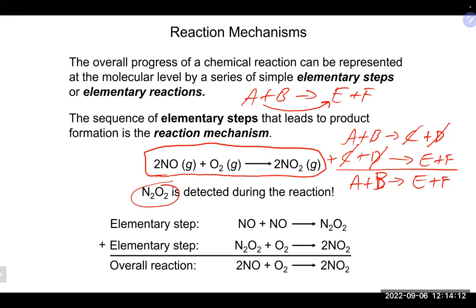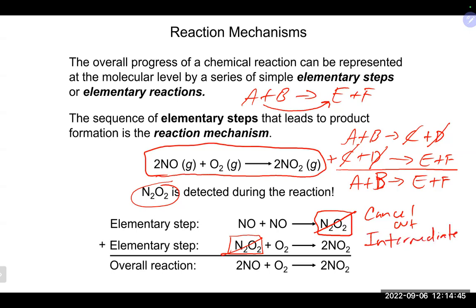So a plausible mechanism for this reaction to take place is what we see on the bottom there. Perhaps in the first step of the mechanism, we actually make an N2O2. Then in the second step of the mechanism, it is then used to make the product. When we would add these together, once again, this guy and this guy would cancel out. This is what we will see on the next page referred to as an intermediate.